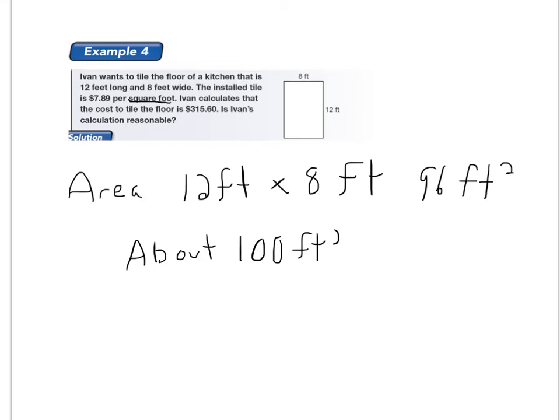And if it's $7.89 per square foot, that's about $8 every square foot. Okay, so we have about 100 feet squared of area. It's going to cost us about $8 every square foot. So we're going to multiply those two things to figure out the total cost. And 100 times 8 is about $800 is what our estimation is. It's going to cost about $800.